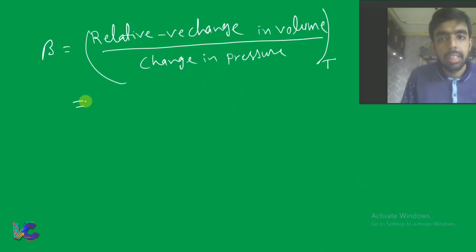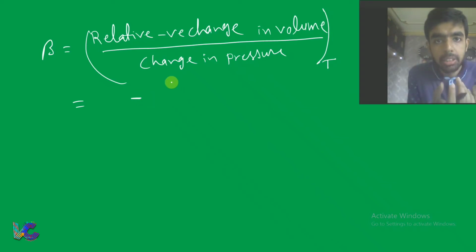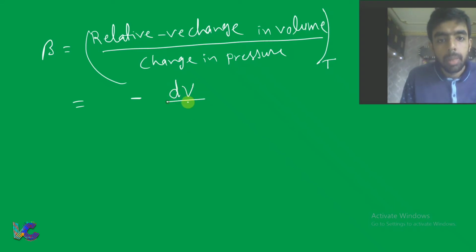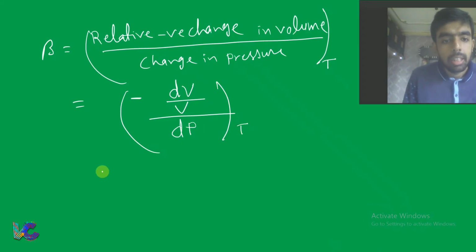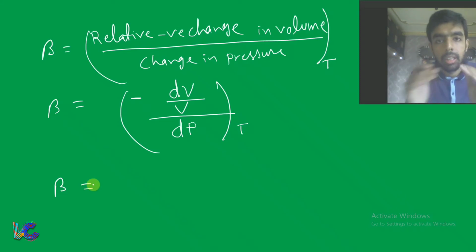Now when I say relative negative change in volume, negative means there will be a negative sign. Relative change means change divided by actual volume. So change in volume is dV, divided by actual volume V. Change in pressure means dP. This is at constant T, and the same thing applies again: on introducing a constant, the complete differentiation becomes partial differentiation and the independent variable does not change.